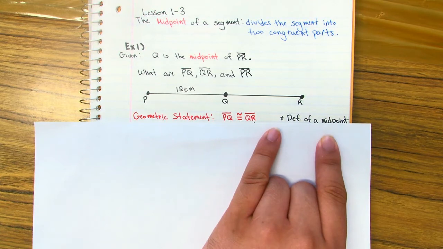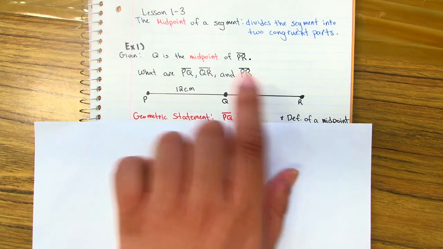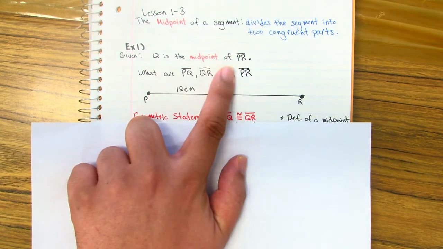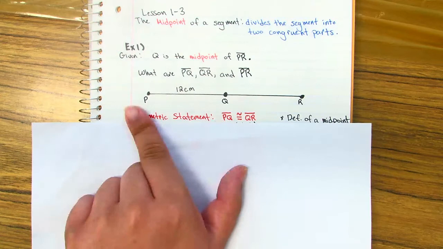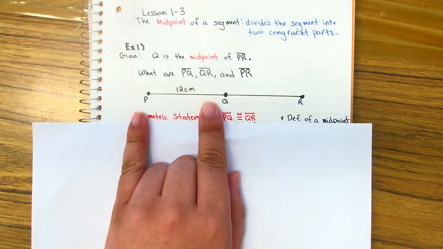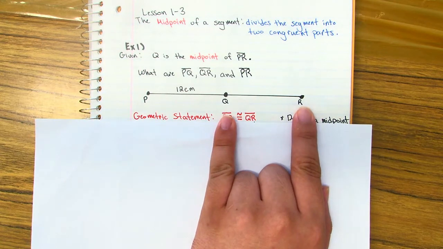Our reason is the definition of midpoint. And how do we know there's a midpoint? Because it is given. Q is the midpoint of PR. All the way from P to R, Q is the midpoint that makes the half, the left side of it, and the other right side is the other equal half, which is QR.